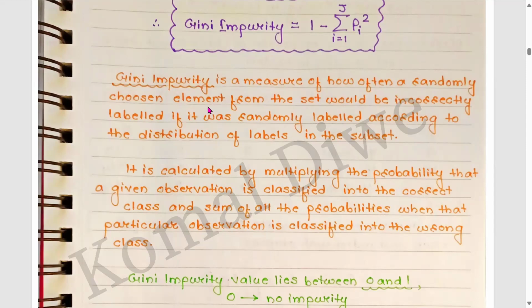Next. It is calculated by multiplying the probability that a given observation is classified into the correct class and the sum of all the probabilities when that particular observation is classified into the wrong class.